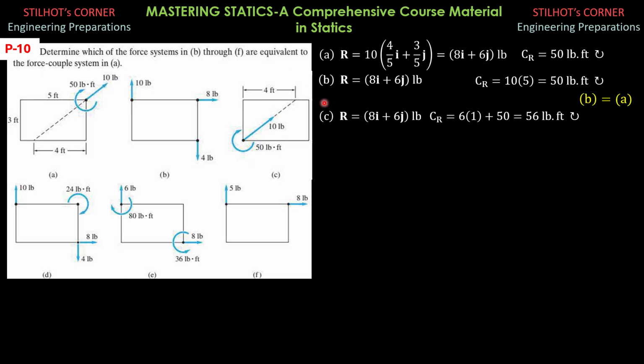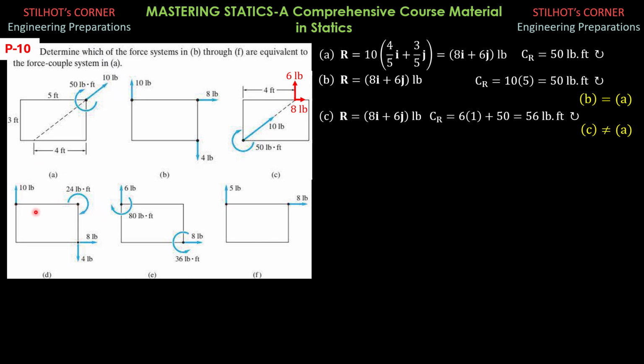So 6 plus 50, 56 pound-foot clockwise. So that's the force system in part C. It is not equal to A because of this resultant couple of 56 pound-foot as compared to 50 pound-foot. They are different.